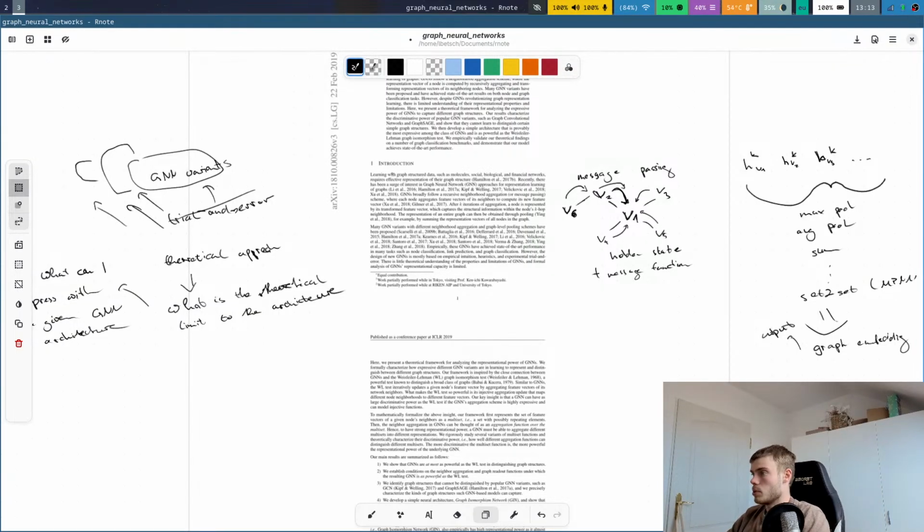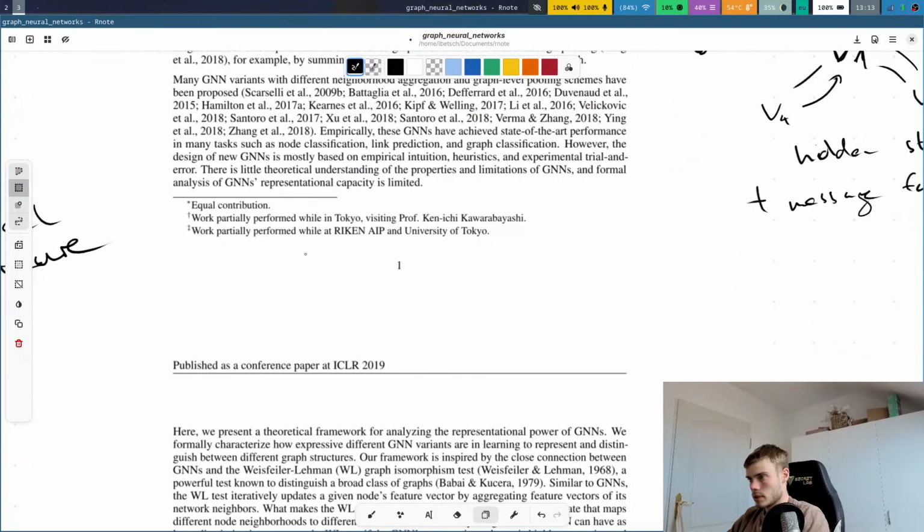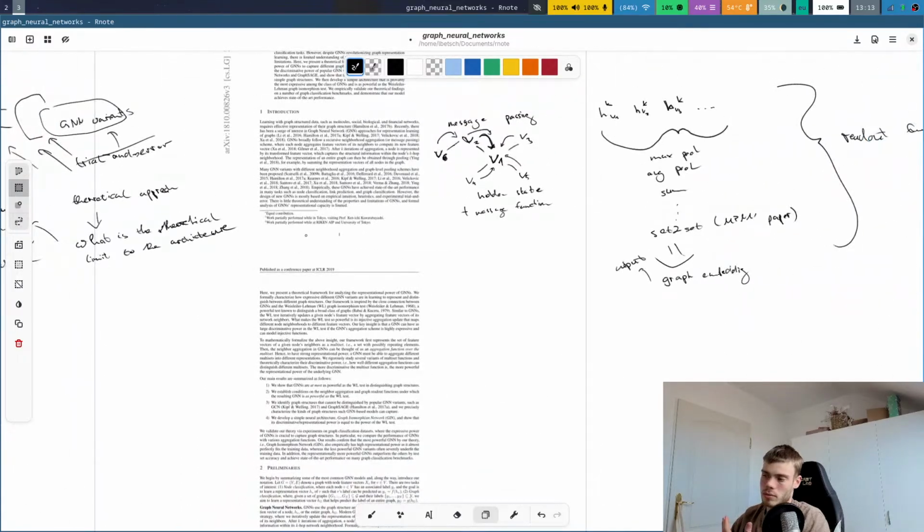Okay, that's an interesting approach. They try to do it on a theoretical basis, and now we also already understand what they will do. They will look at the GNN architecture. They will make some lemmas. What should this be capable of doing? They will then look maybe at some of the existing ones and say, okay, we can prove that this architecture cannot handle isomorphic graphs, isomorphism in graphs, for example.